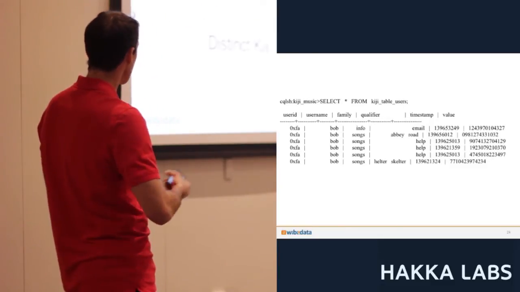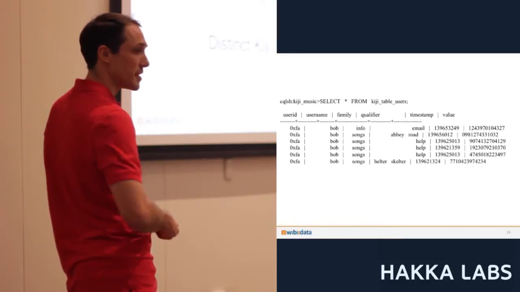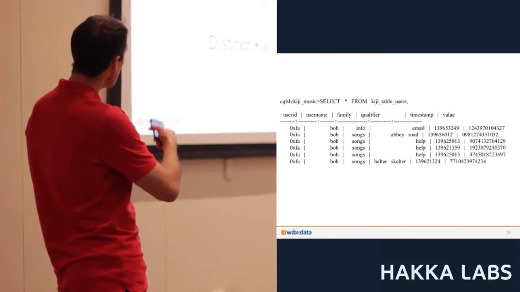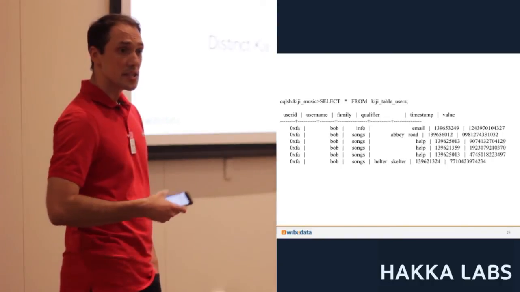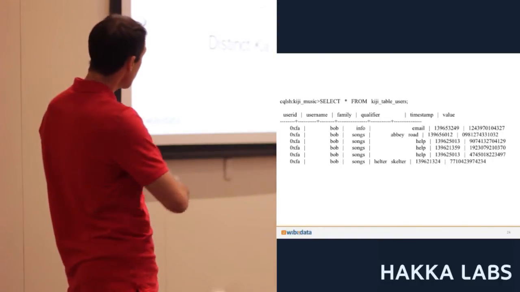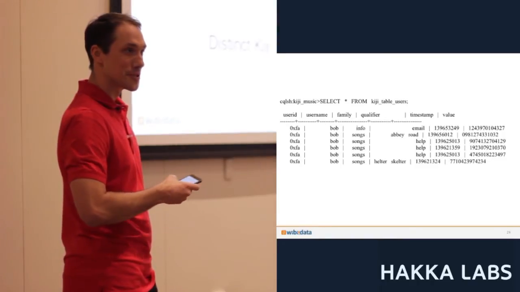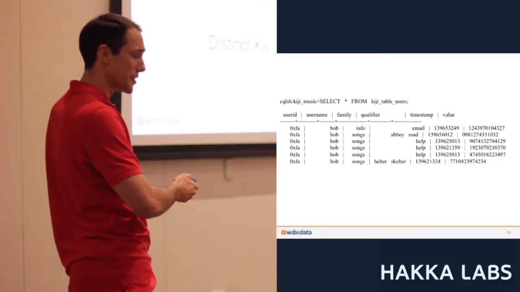And here, just to give you a flavor for how this works, if you have this data in a Cassandra table, you can query it in CQL. And you see that you get one unique row in CQL for each unique data value in Kiji, which is what you'd expect. Unfortunately, the values of the cells are a garbled mess because they're all serialized. We have some ideas on how to alleviate that pain.